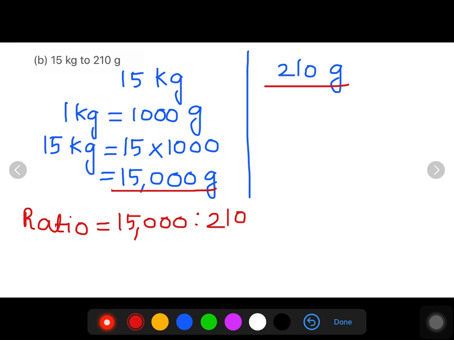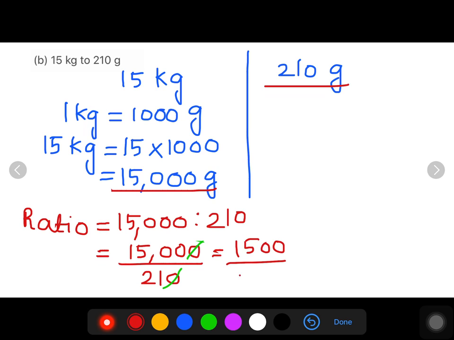Now you need to simplify this ratio. To simplify, you write the ratio as a fraction like this. 15,000 divided by 210. Now 0, 0 will get cancelled. Now we will divide it by 3. So we write 1500 divided by 21.